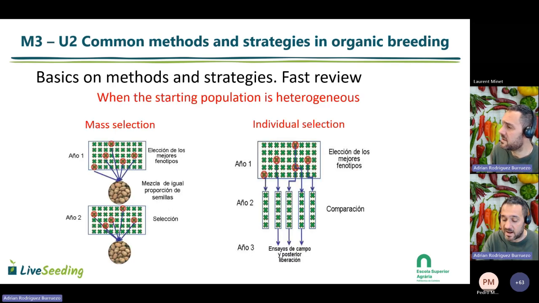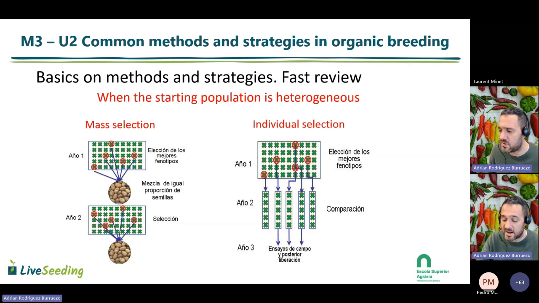Well, regarding the main methods, I will be very brief because Pedro and Barbara will provide more details in their practical examples. We can separate them in two big blocks. The first block is in such cases where the starting population is heterogeneous enough, or shows enough genetic diversity, to perform a breeding program which will satisfy the breeding objectives you have.